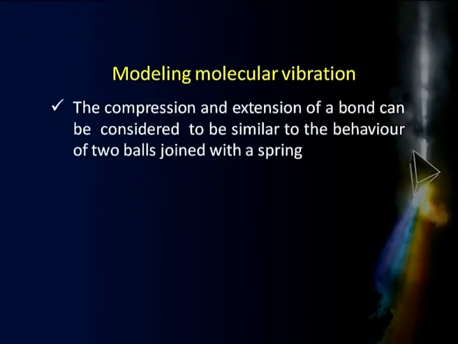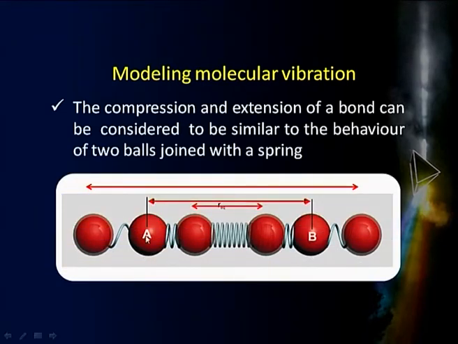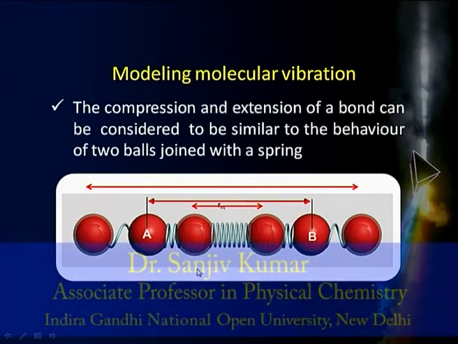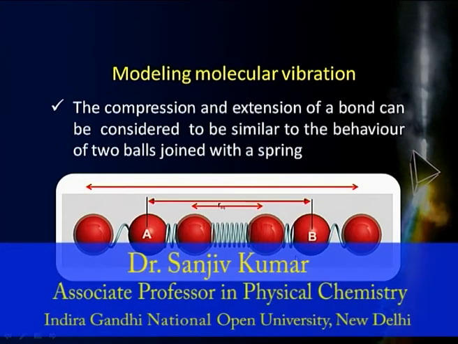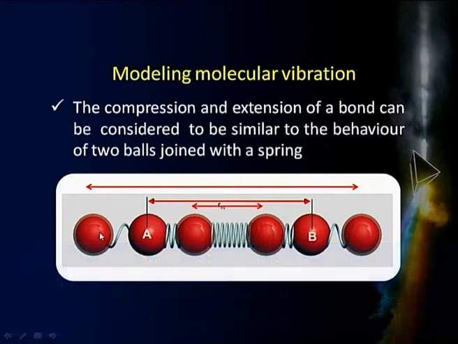Let us see pictorially how we represent that. Suppose there are two atoms A and B, linked together by a spring. Now, if I stretch the spring, B comes somewhere here, A comes somewhere here, that means you are just expanding it, or you contract it. That is the kind of motion we are talking about.